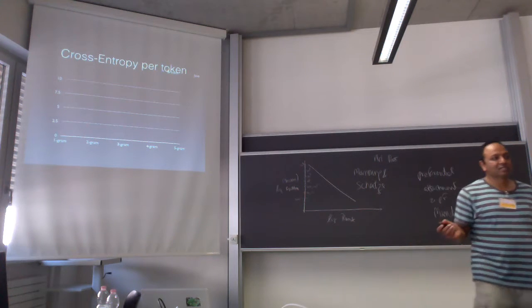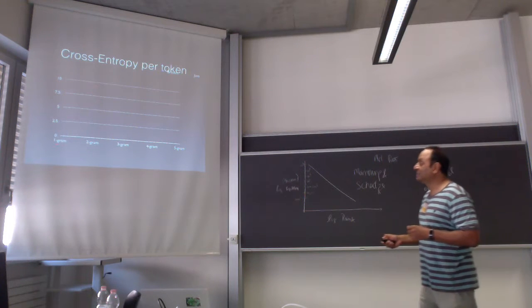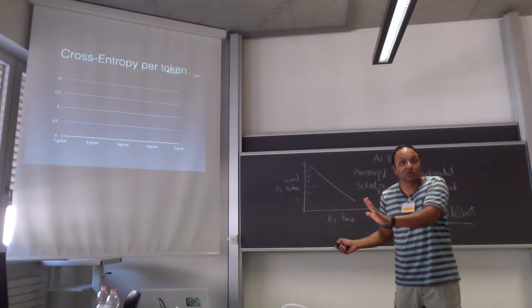So what does this mean? We're going to predict a word based on no context, not knowing anything about the previous word. With 2 grams, we're going to predict a word based on 1 previous token, 3 grams based on 2 previous tokens, and so on. Okay? So in this case, we know nothing except the frequency of the word.